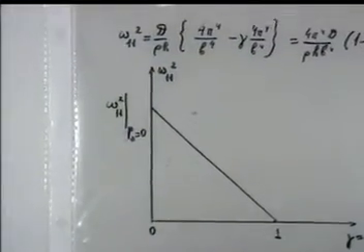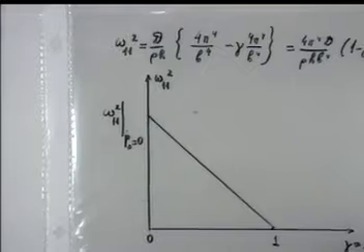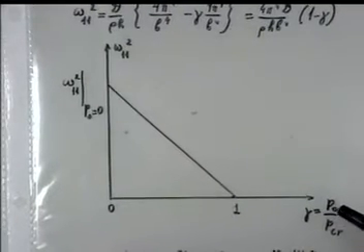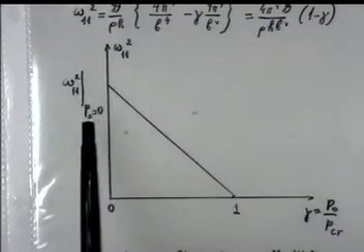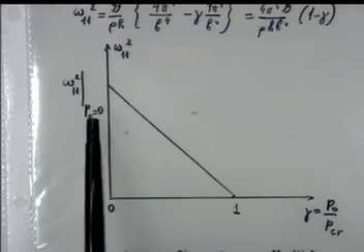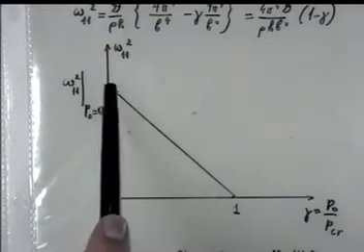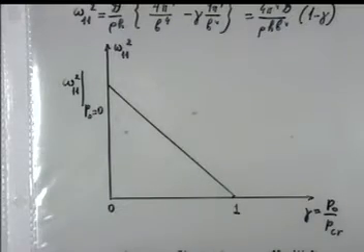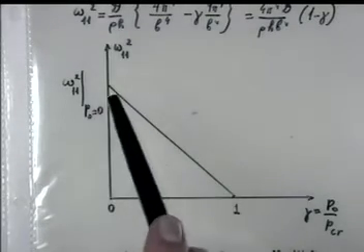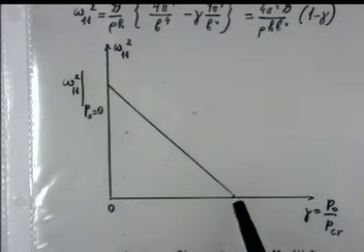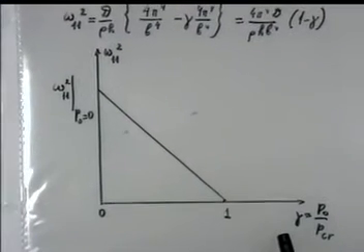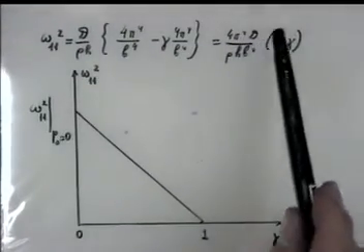So gamma equals P0 over P critical. When P0 equals 0, this is omega 1,1 calculated for P0 equals 0. So that is this value, and it starts from this value and goes to 1, because when gamma equals 1, we get 0.